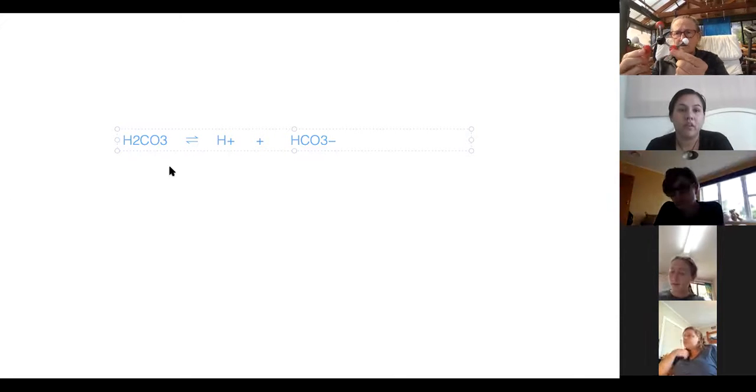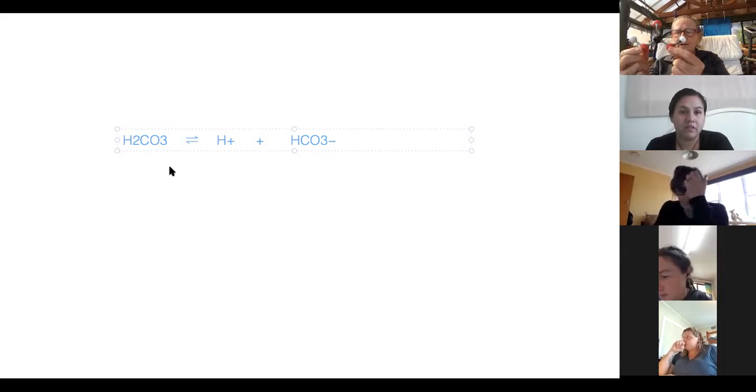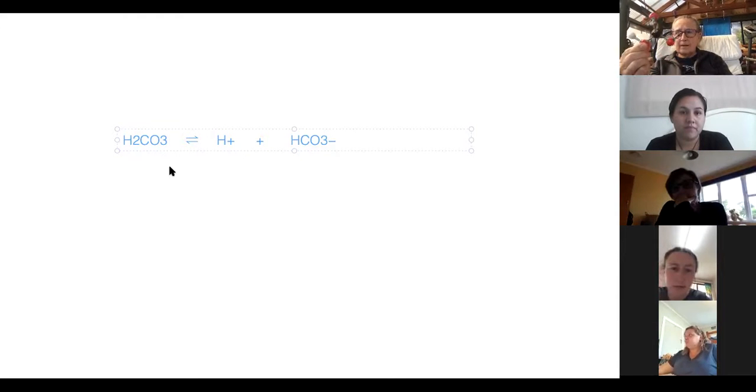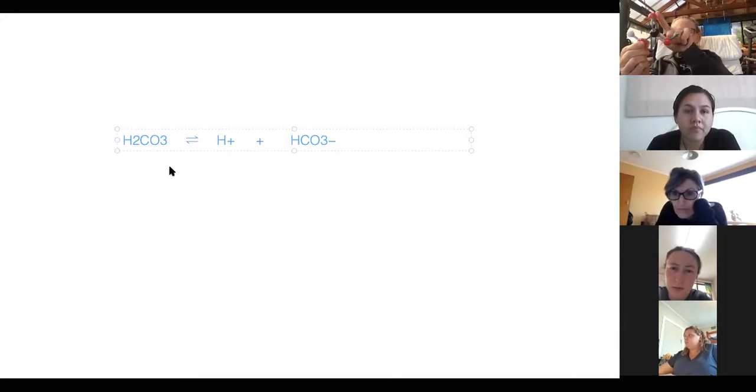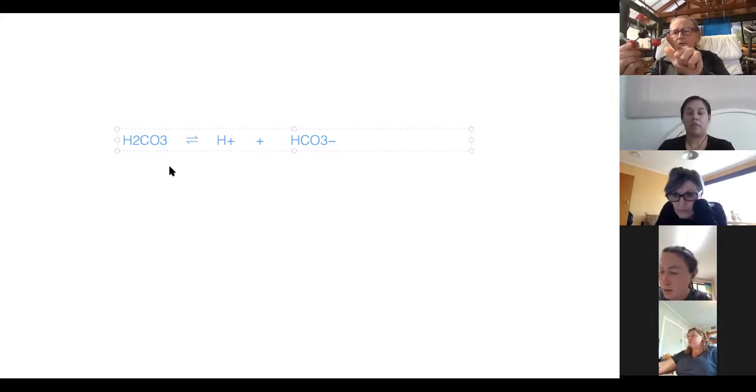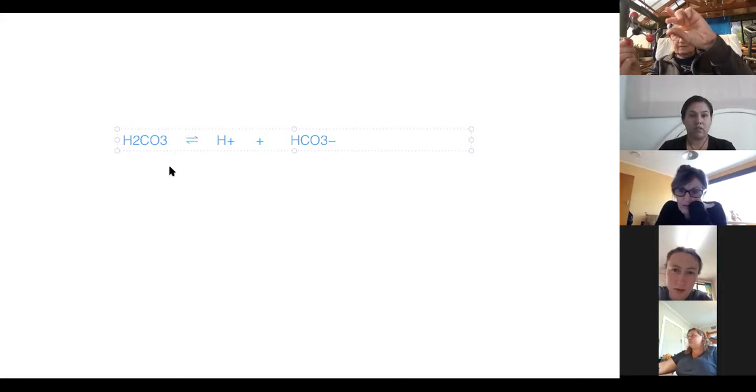Okay, so that's carbonic acid. That's bicarbonate. If you look, 1 hydrogen, I've still got my 3 oxygens, my 1 carbon, and here's my electron that's left behind. And my proton is in my hand.